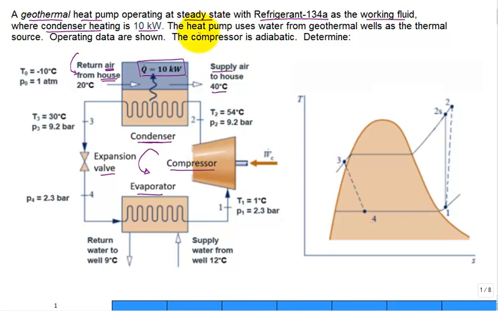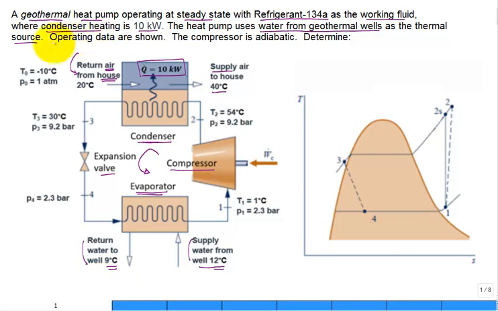Okay, the heat pump uses water from geothermal wells as the thermal source. So here we have in the evaporator water, supply water, and return well water. So the supply well water is 12 degrees C, and then it's returned at 9 degrees C. All right.